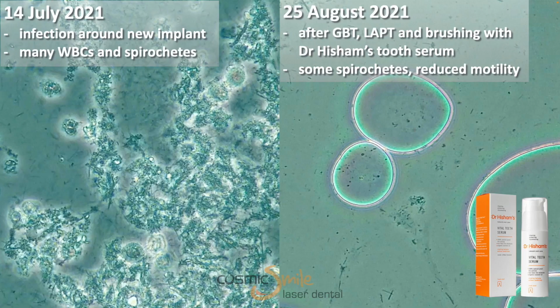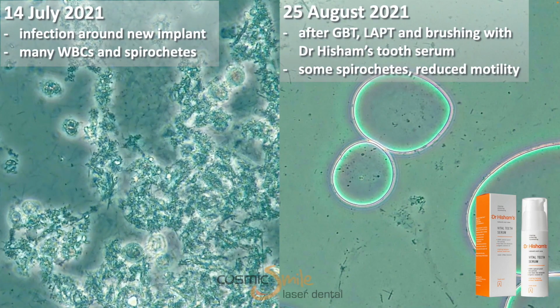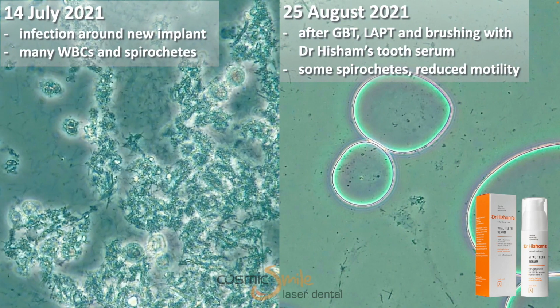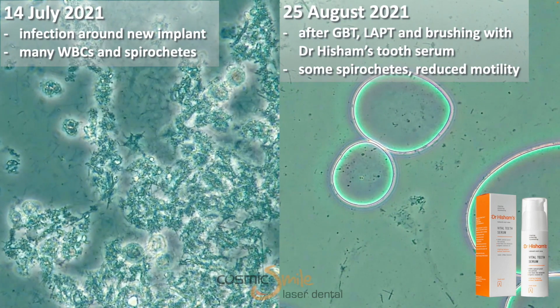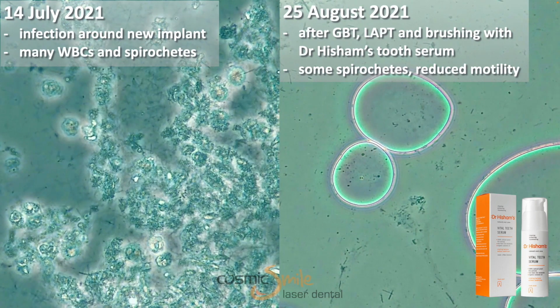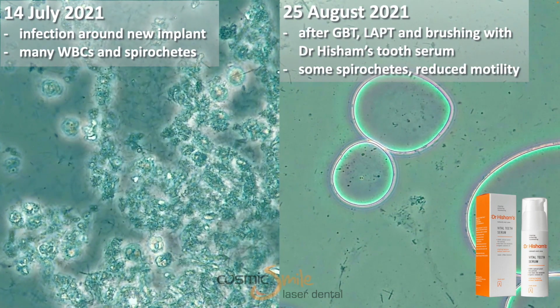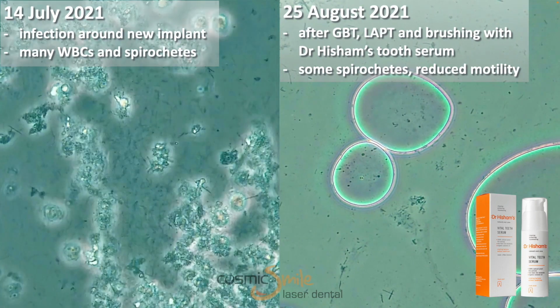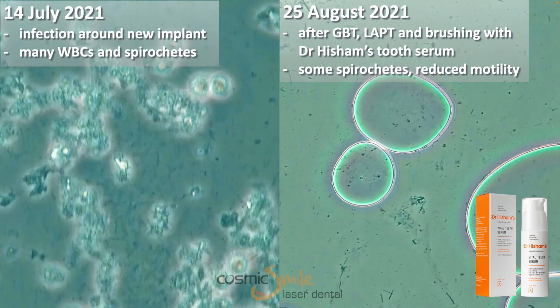We had only just started using the microscope, so we found that they had a very high spirochete count. They had this infection around this implant, bleeding, and this is likely the reason why.